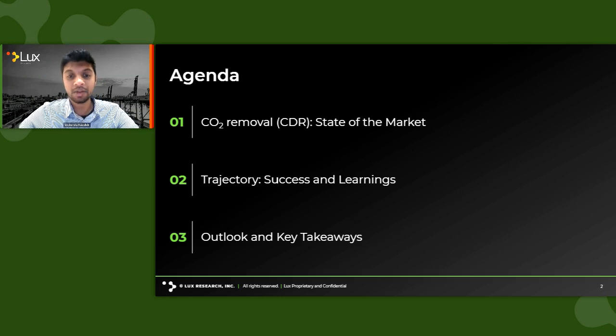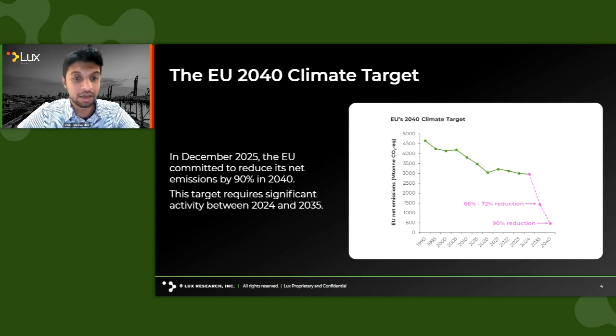So starting with the state of CDR today and also why CDR. At the end of 2025, the European Union agreed on its new 2040 climate target, and it set a target for 90% emission reductions by 2040 compared to its 1990 levels, with an interim milestone of about 70% by 2035.